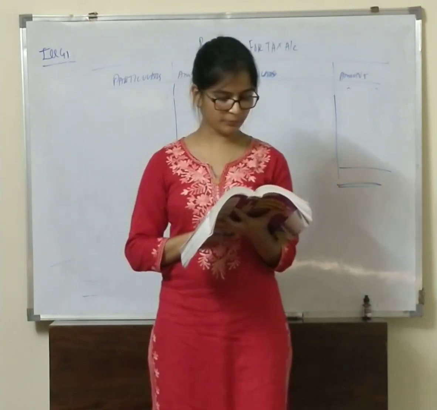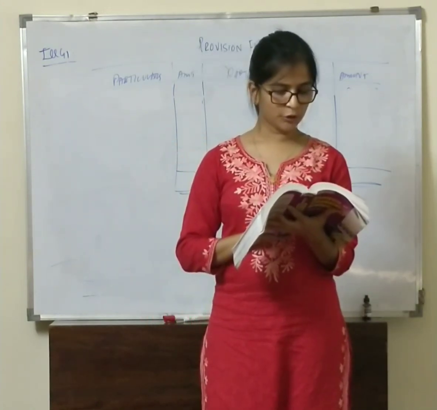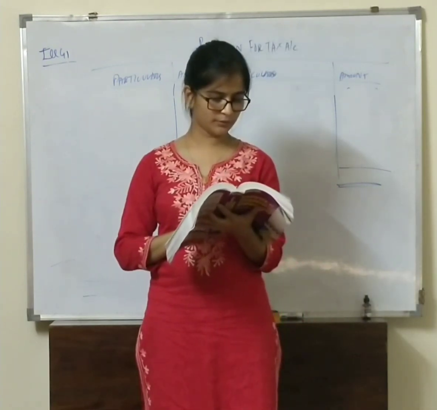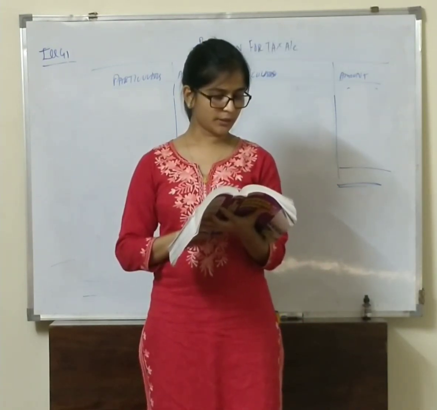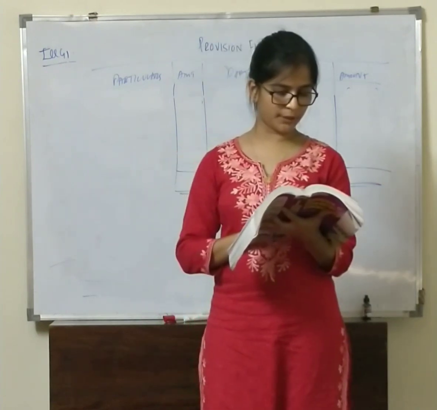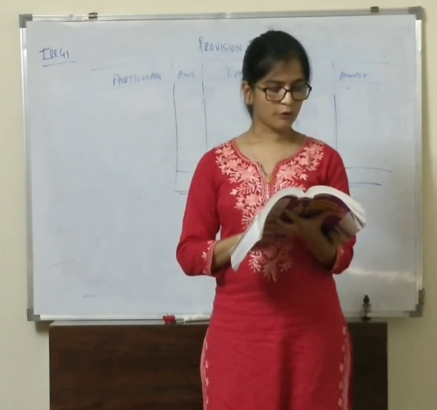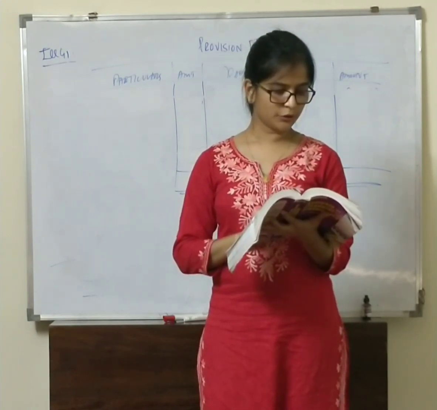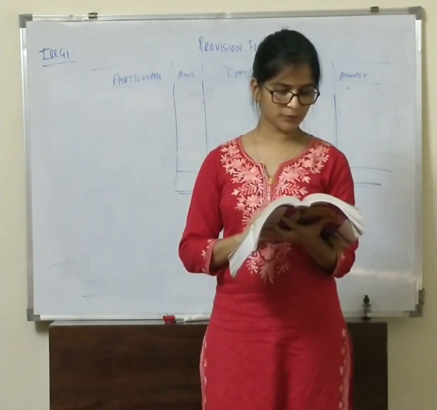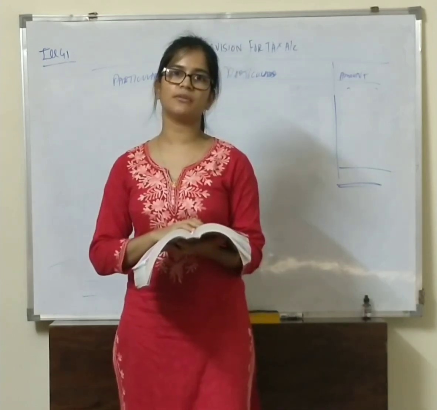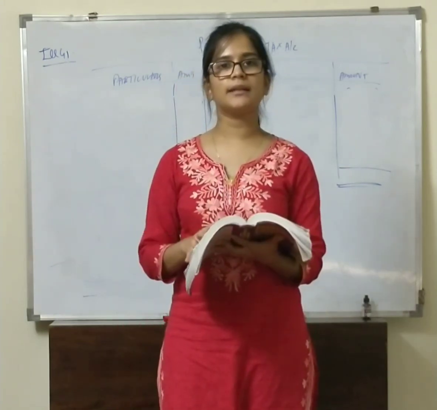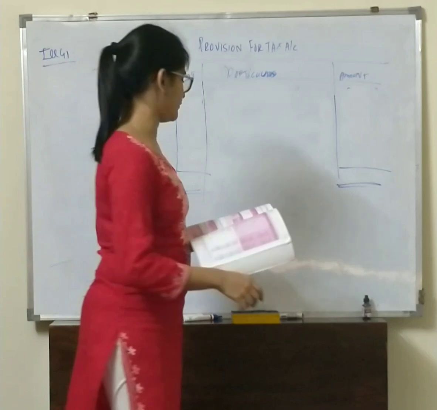and provision for tax made during the current year is also given, then provision for tax account must be prepared to find out the figure of actual tax paid during the current year. So in case 1 they had given us the tax amount paid, and in case 2 they have given us provision for taxation made.